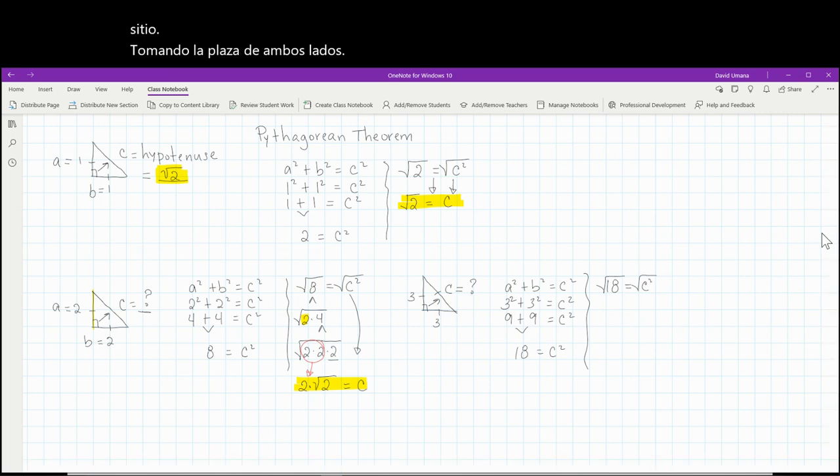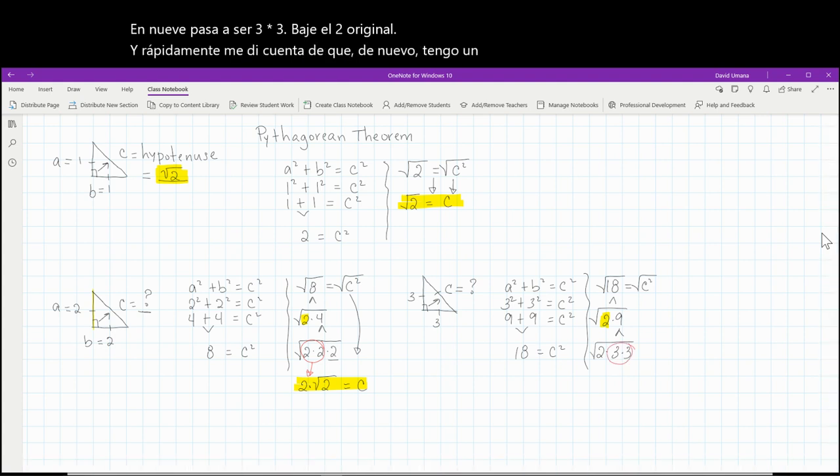I happen to know that 18 is the same thing as 2 times 9. Of course, 2 is prime. And 9 happens to be 3 times 3. Bring down the original 2. And I quickly realize that again, I have a perfect square with a base of 3.